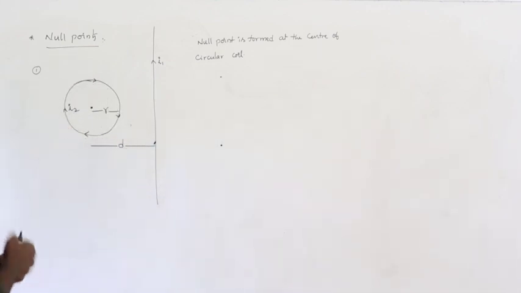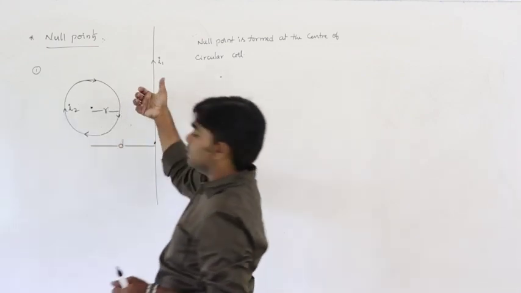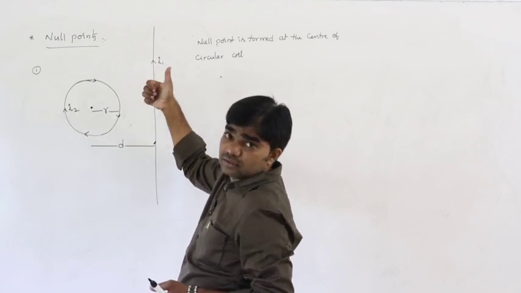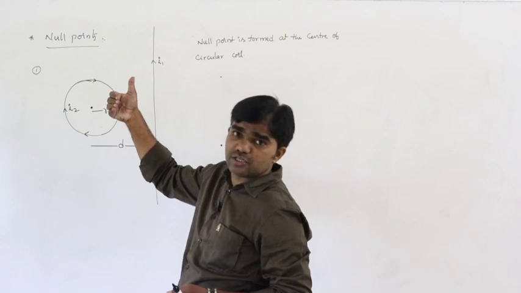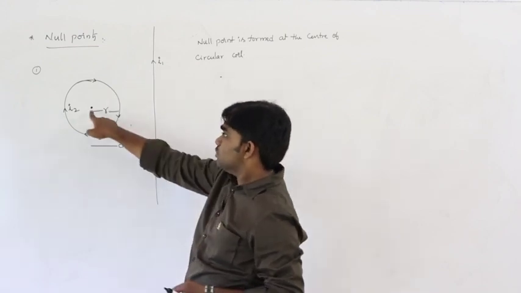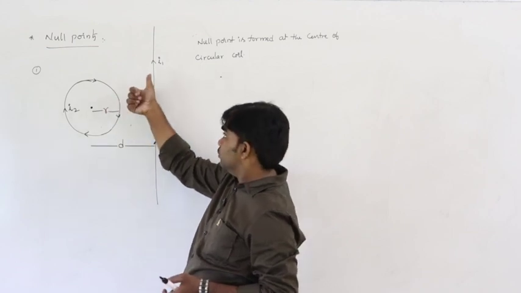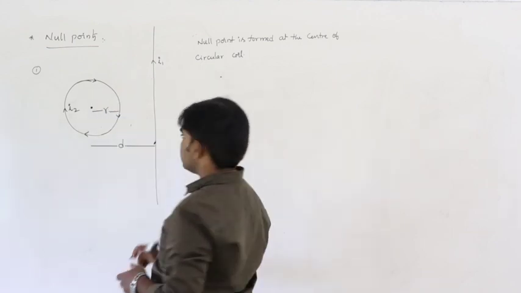So see here how the net magnetic field is 0. This is the straight current carrying conductor I1. The thumb indicates the direction of current, curling of the fingers indicates the direction of the magnetic field. So at this point, what is the direction of the magnetic field due to this straight current carrying conductor? Outwards.